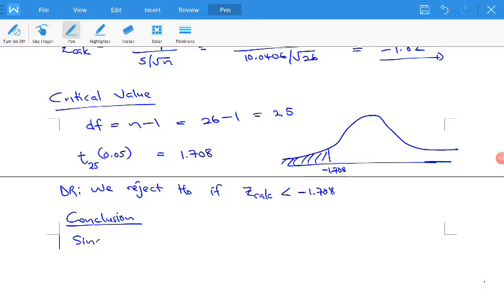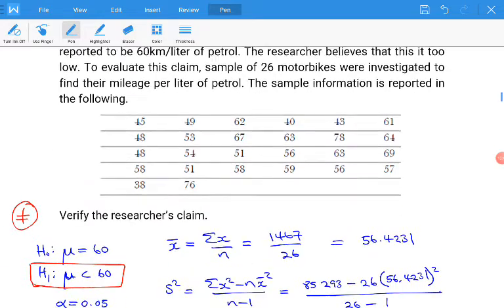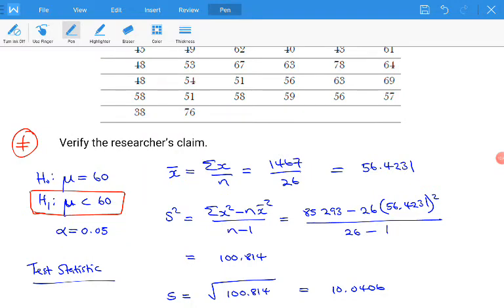Since z calc is less than negative 1.708, the critical value, we reject the null hypothesis. So if we reject the null hypothesis, we therefore conclude that the average mileage per liter of newly manufactured motorbikes is less than 60 kilometers per liter.